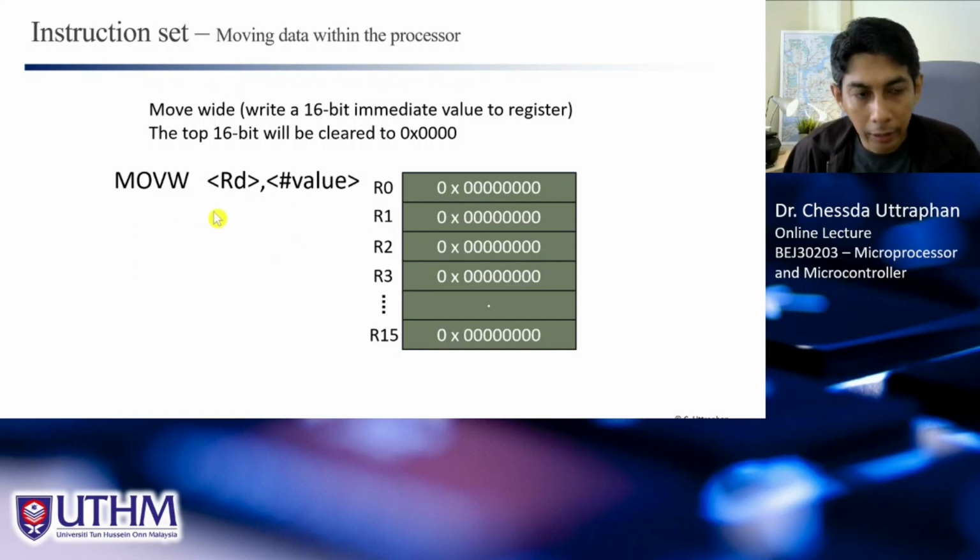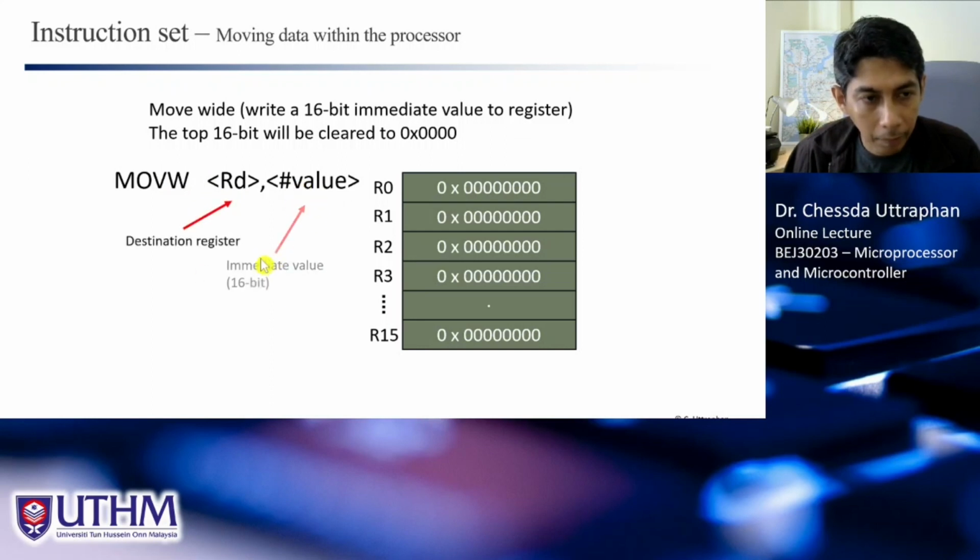This is the variant of move immediate instruction where we can have 16-bit immediate value. So the name is MOVW. MOVW, same thing, destination and the value. The value here is 16-bit, all right? 16-bit immediate value. For example, this is 16-bit data.